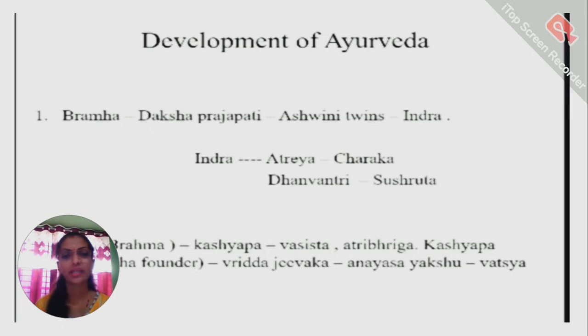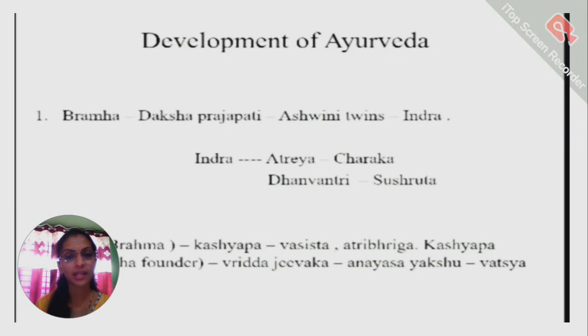Obviously, this development of Ayurveda in Itihasa we will come to know in first year only. But how our Sampradaya, the Kashyapa Sampradaya, started: obviously we know from Brahma to Daksha Prajapati, from Daksha Prajapati to the Ashwini twins, the Ashwini Kumaras, then Indra. From Indra it was bifurcated as Atreya, Dhanvantari and Kashyapa.